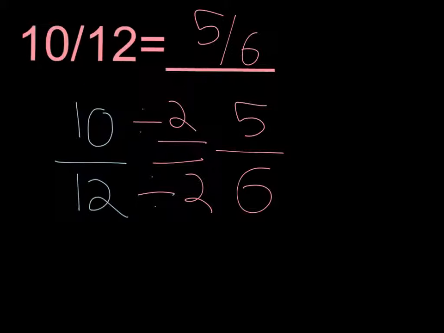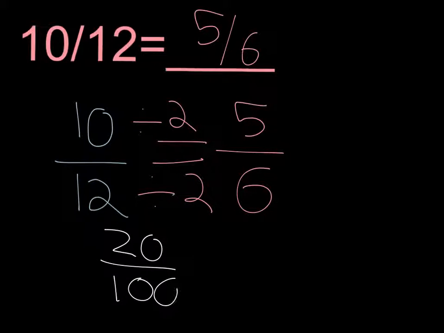Let's do 20 over 100, the fraction that we just did on the other page. They can both be divided by 10, or they can both be divided by 5. Let's do 5 because I think 10 is a little easier in this situation. 5 is still kind of easy, but we can find the equivalent fraction by dividing by 5.